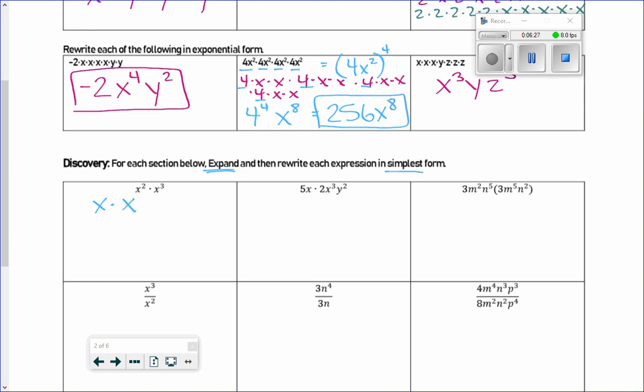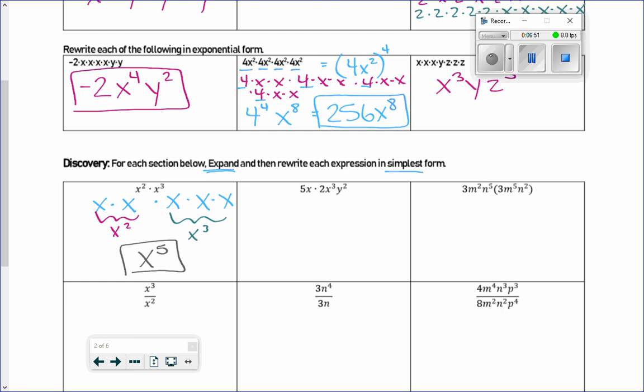What about x cubed? x times x times x. And I'm going to multiply them together. So here's our x squared, here's our x cubed. Together, how many x's are being multiplied together? 5. So how do I write my answer? x to the power of 5. Beautiful.